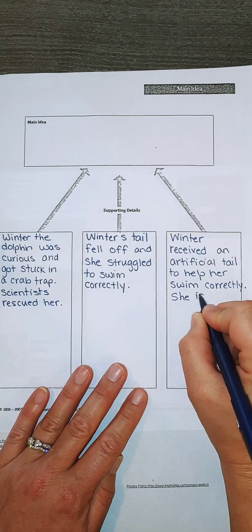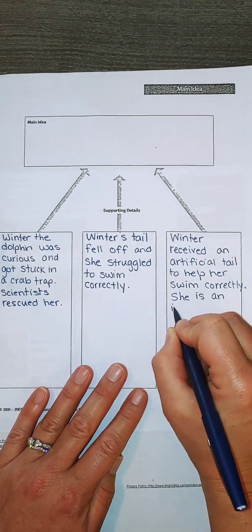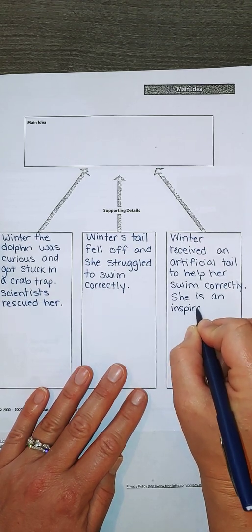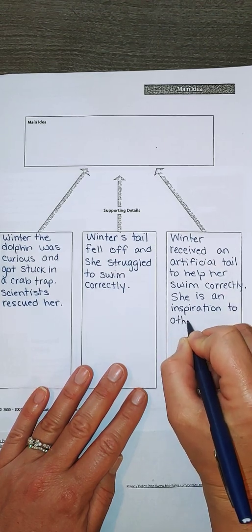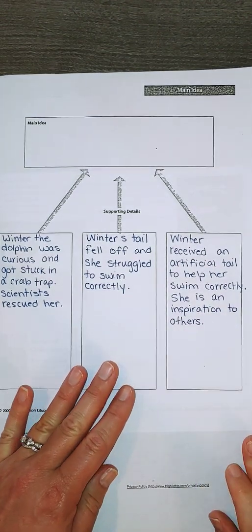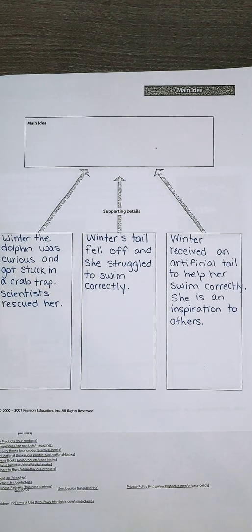She is an inspiration to others. Now, this section was a little bit longer and had kind of two components, so I'm going to put two sentences here. The first part was about that tail, but it did end that section by talking about her inspiration to others. So I've pulled those together.